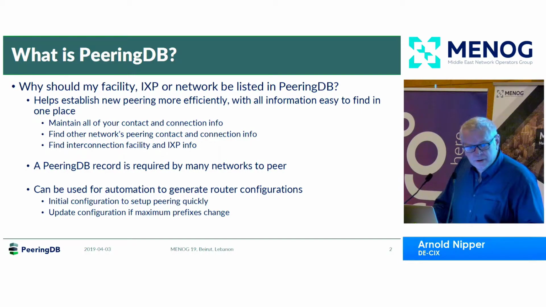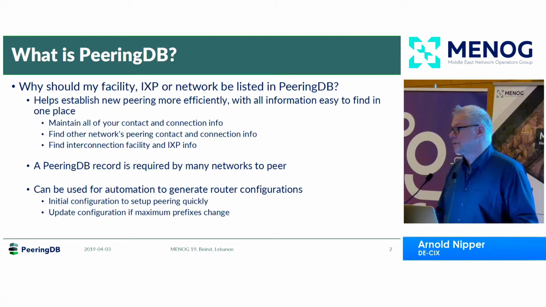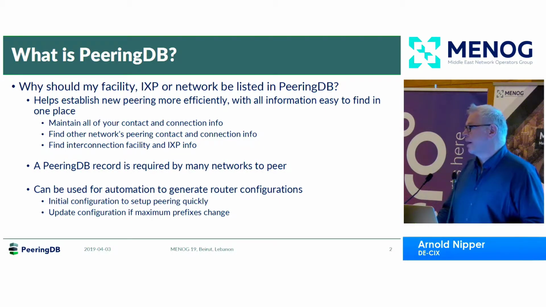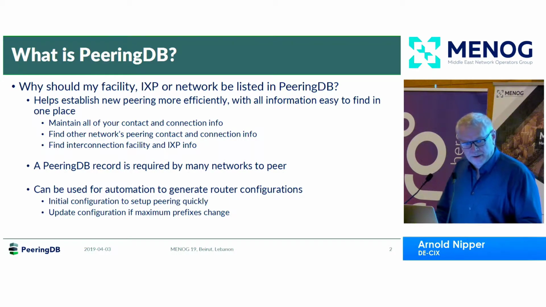So why should you use PeeringDB? Of course, as a network, you want to interconnect. That means you want to show where you are, where your potential peers are able to pick you up, what your peering policy is, whether it's open, whether it's restricted, so that anybody already knows beforehand what they can expect of you.